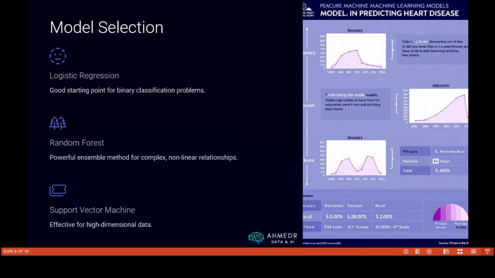We also have support vector machine, which is SVM. It's effective for high dimensional data. One more common algorithm used for classification here is k nearest neighbor, which is KNN. It's a simple, intuitive model that can work well for small to medium data sets.